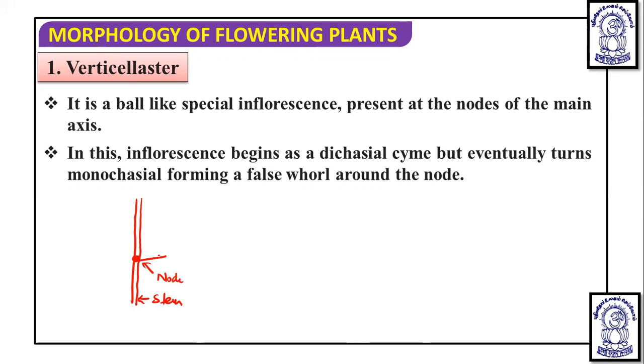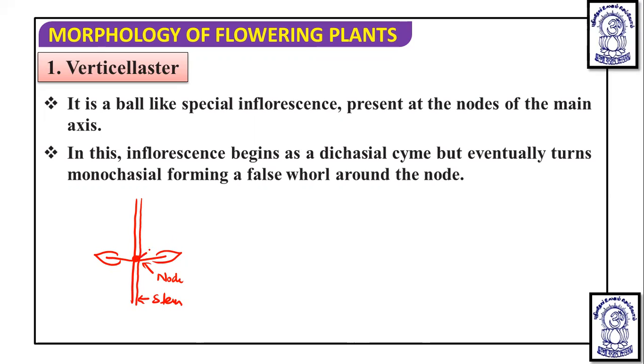On the node there is a leaf, and in the axil of each leaf inflorescence develops. From the main axis, lateral axis rises on which flowers are found. Now here, these lateral branches bear flowers in the form of dicasial cyme.